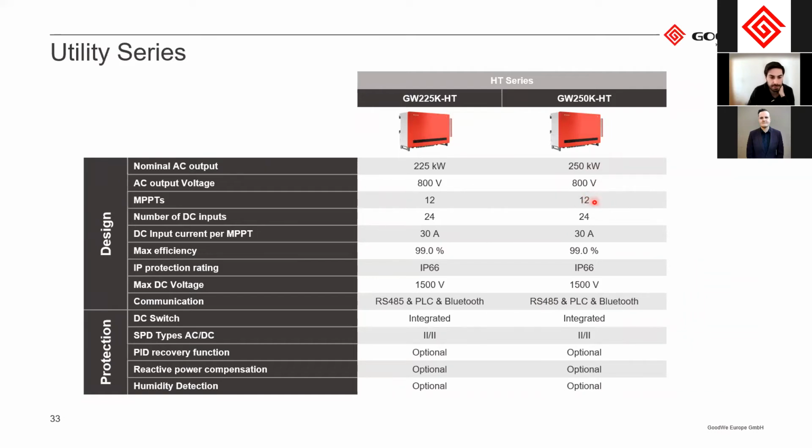It also has 12 MPPTs and 2 inputs per MPPT. As you see here, the DC input current is quite high, also to be compatible with new high power modules. And apart from that, it has similar safety features as our CNI segment, but it also has reactive power compensation during night time.